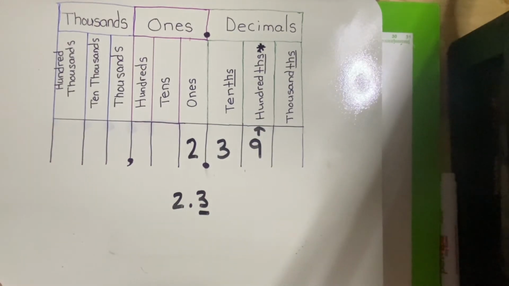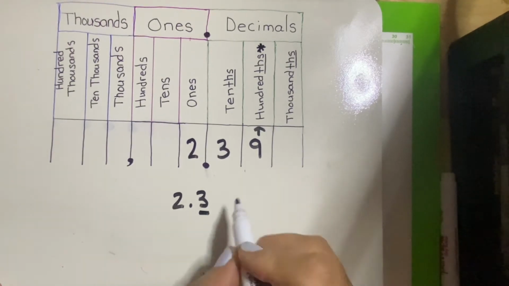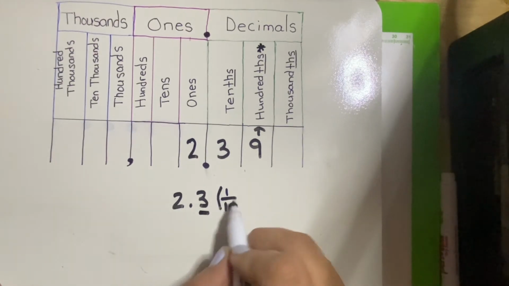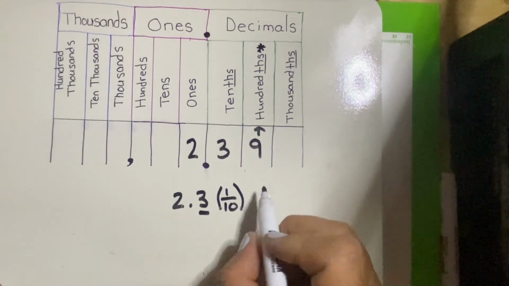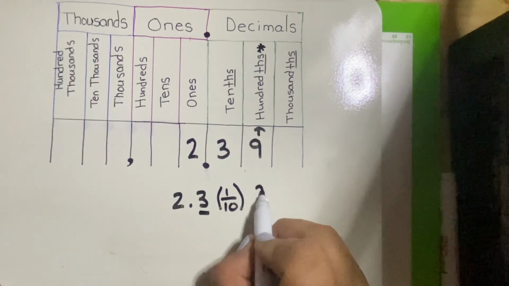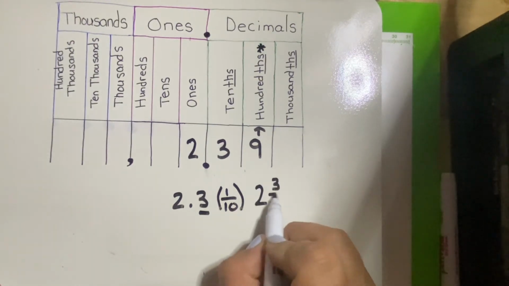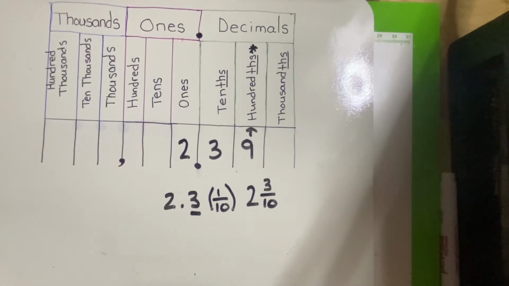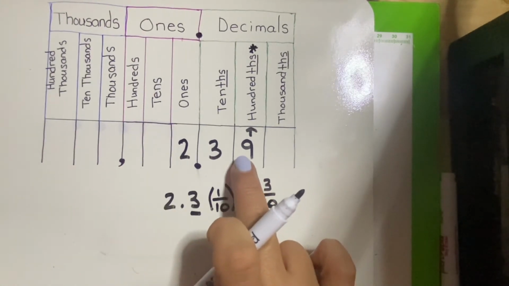So you've also got to think, if we're looking at it like this as a decimal, our fraction would have looked like, we're talking about tenth space, right? It would have been 2 and 3 tenths, right? But now we're talking about hundredths.